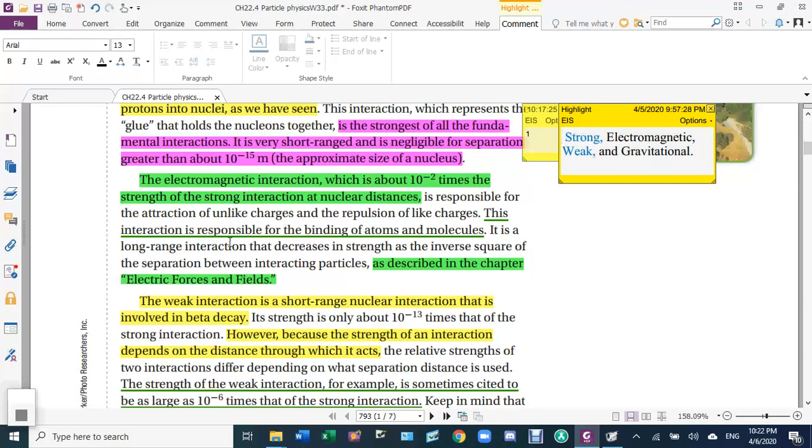This interaction is responsible for the binding of atoms and molecules. It's a long-range interaction that decreases in strength as the inverse square of the separation between interacting particles, as described in the chapter Electric Force and Fields, Coulomb's law.